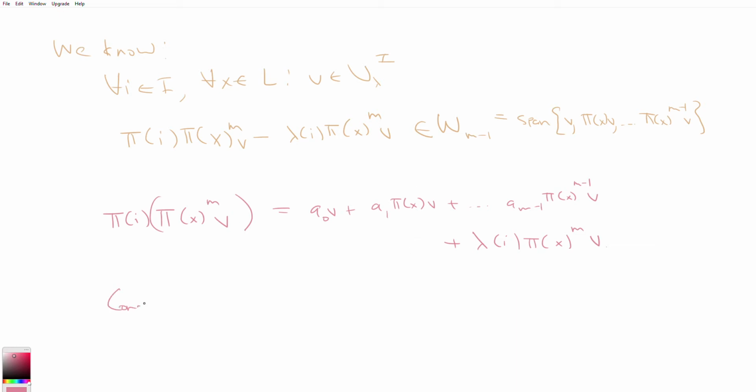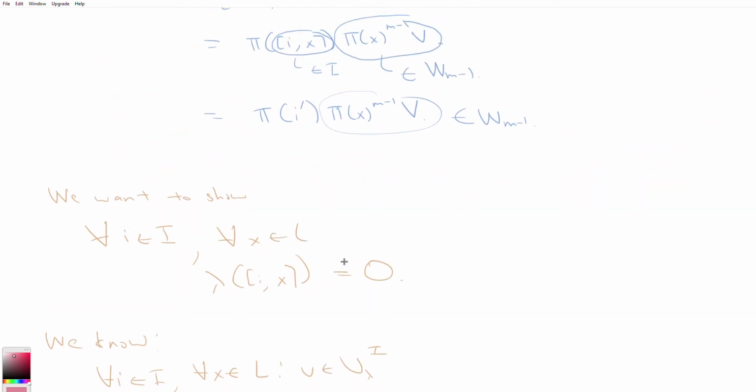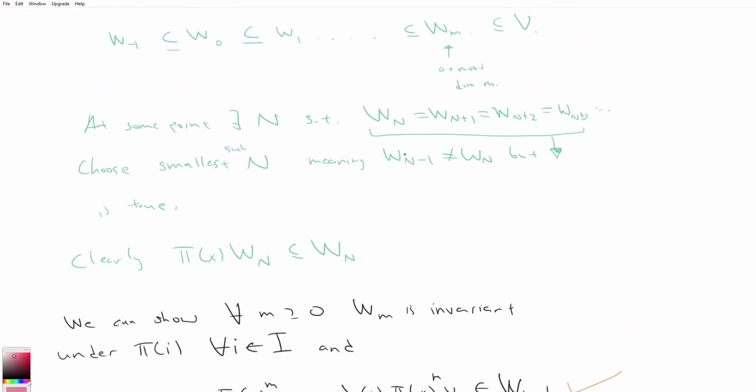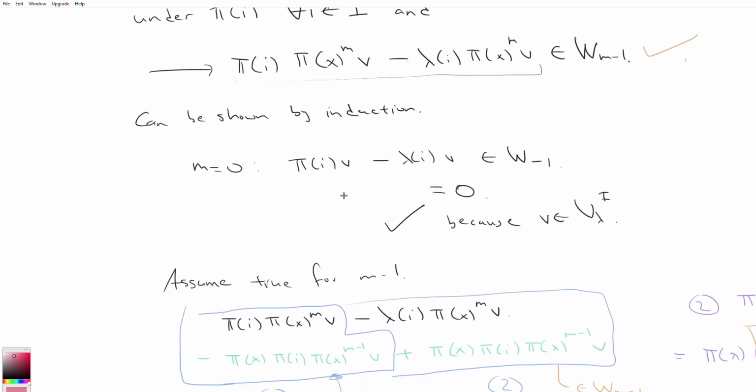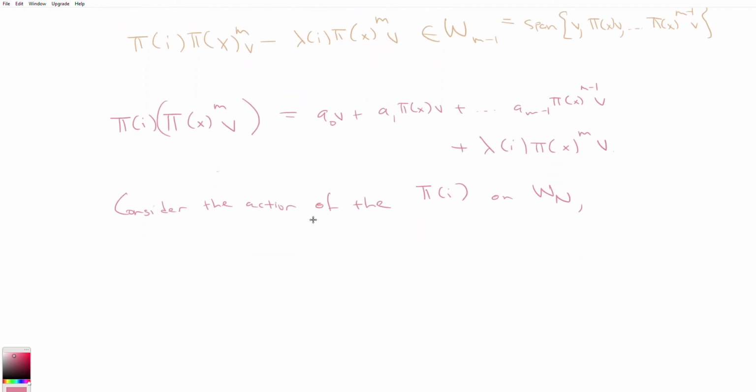Now consider the action of the π(I)'s on W_n, which we know is spanned by the same vectors, except we plug in n for n minus 1. And recall, this capital N we defined all the way back up here. Yeah, this is quite a long proof.